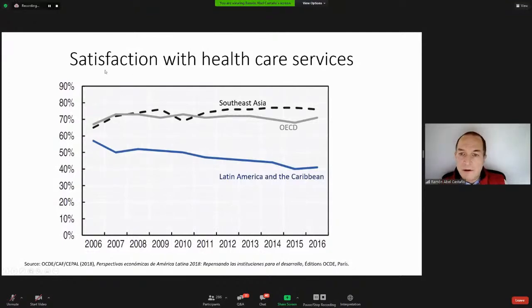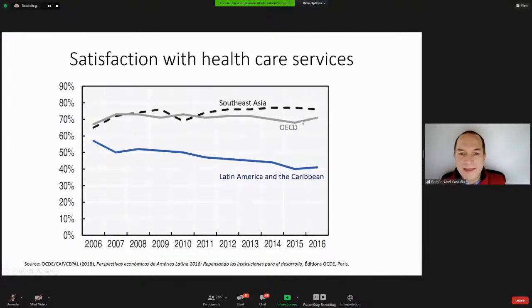This is satisfaction with healthcare services, and you can see that, correlated with that lack of trust in government, the satisfaction with the healthcare system keeps going down, while in the OECD countries, basically Europe and the rich countries of Asia and other Southeast Asian countries, it's still very high.